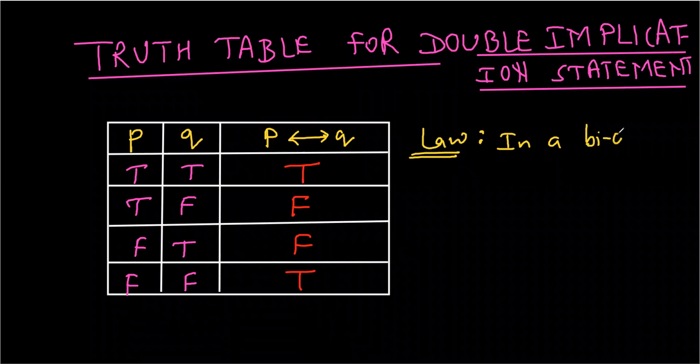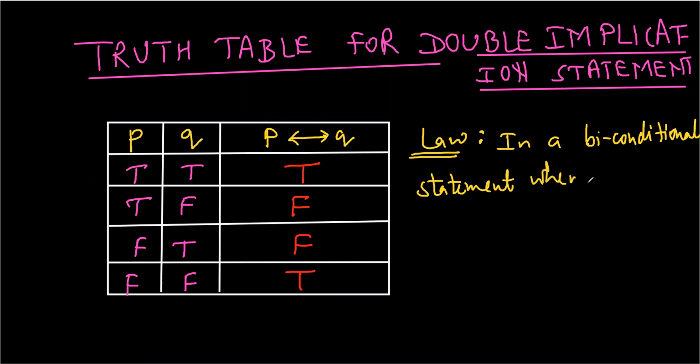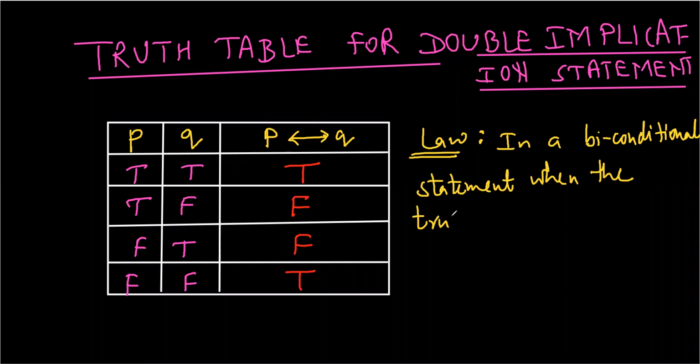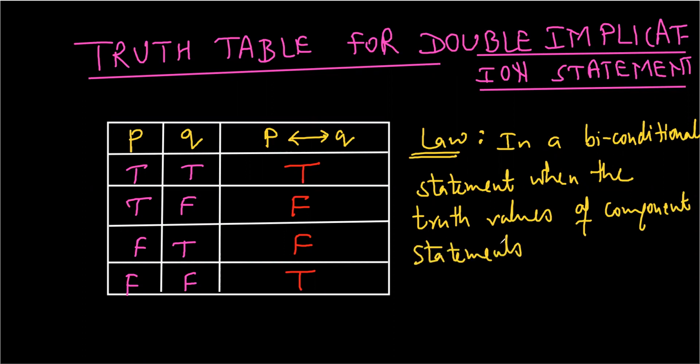In a biconditional statement, when the truth values of component statements are same, then the truth value of the biconditional statement is true. In other cases, the truth value is false. What do I mean by component statements?